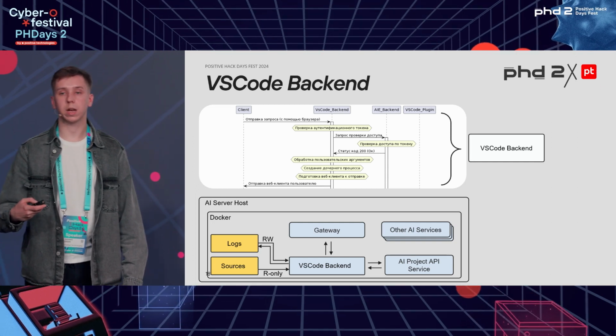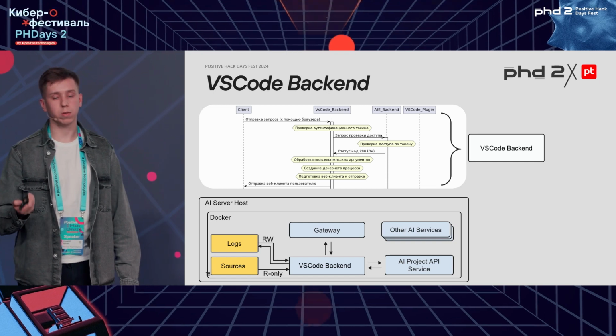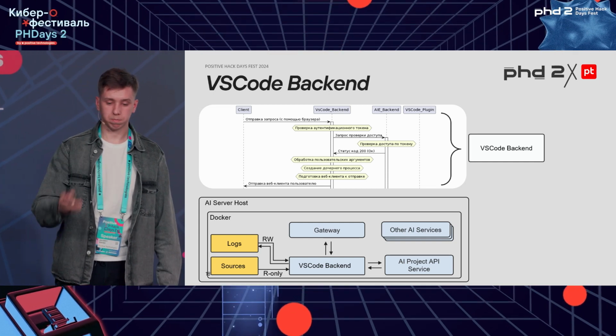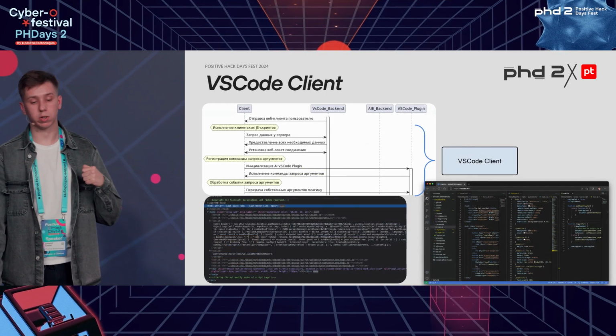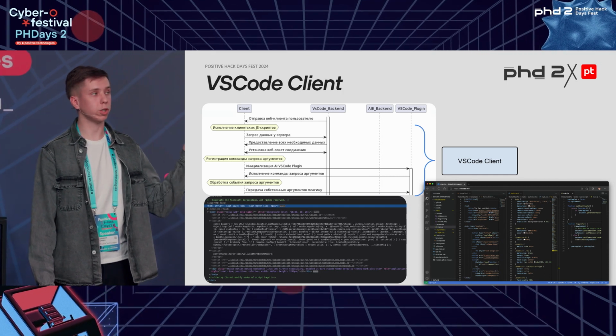So we've got the source code here. When Web IDE is launched, we'll know exactly which project to fire up. This is really easy and convenient. Now we have the VS Code client in the browser.